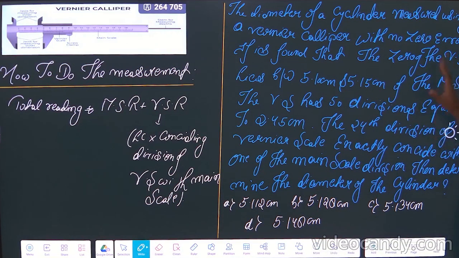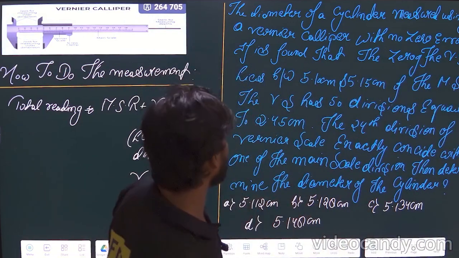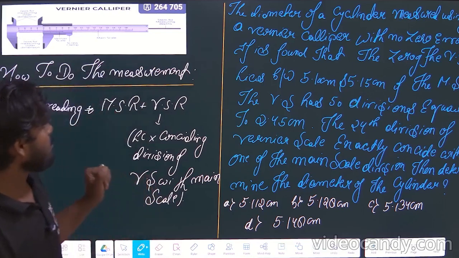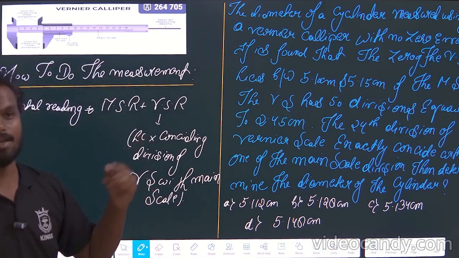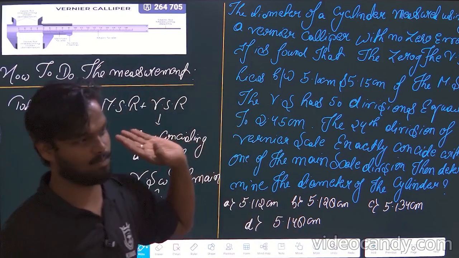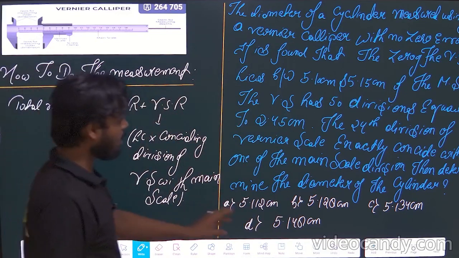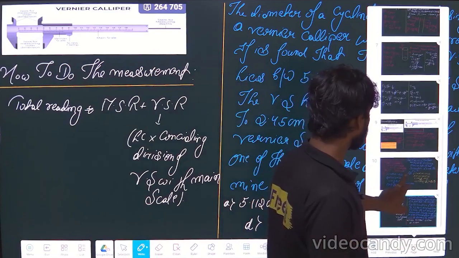So you have to solve and tell the exact diameter of the cylinder. Students who think they can directly apply the formula and get the answer cannot, because NEET only asks up to this much.